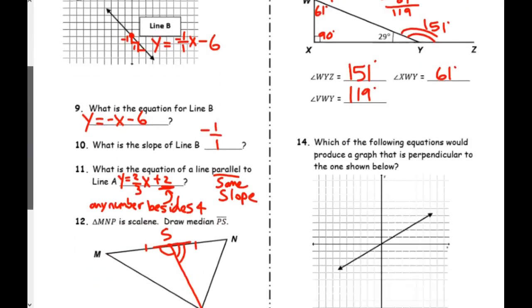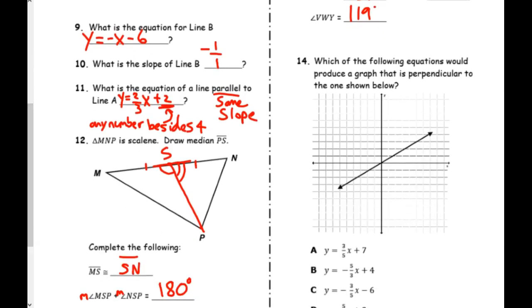14, which of the following equations would produce a graph that's perpendicular to the one shown? So perpendicular, we need an opposite reciprocal slope. So let's find the slope. It actually goes from here to here, so that's up 3 over 5. So if this slope is 3 over 5, my perpendicular slope is going to be opposite reciprocal.